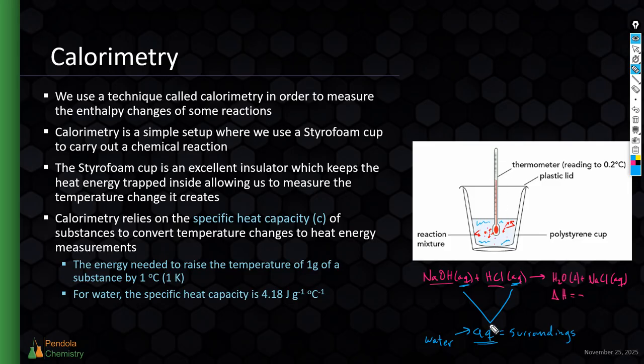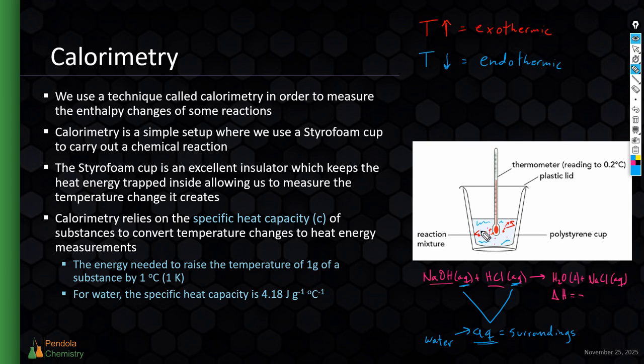If the temperature of the water increases, that means the reaction is exothermic. Why? Because if the temperature of the water goes up, that means that it's absorbing the energy that the reaction is giving off. If the temperature goes down, on the other hand, then we have an endothermic reaction.